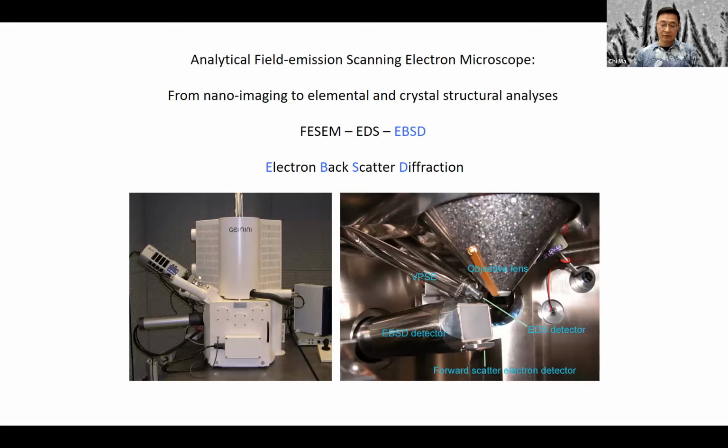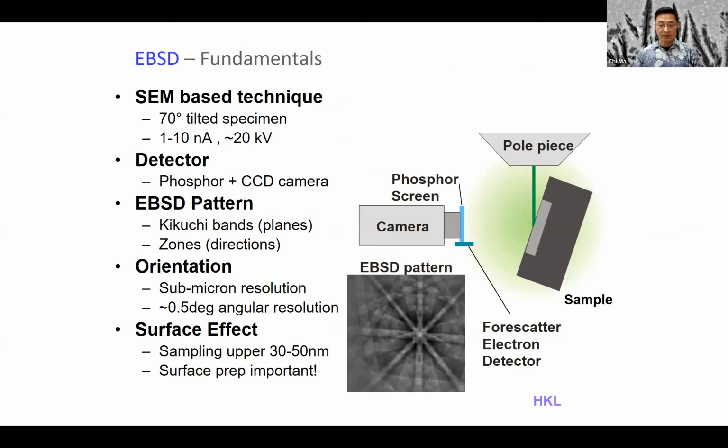We have this field emission scanning electron microscope at Caltech Geology. It's fully loaded with 6 electron detectors, EDS for fast elemental analysis, and EBSD for structural analysis. EBSD is an SEM-based technique that has been intensely developed over the past 30 years.